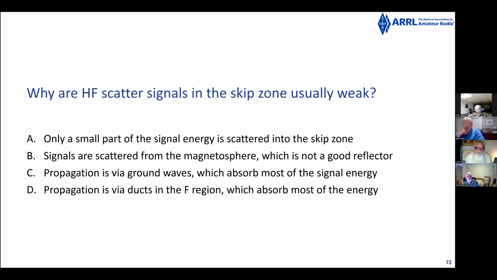This one should be pretty easy. Is it A? Yes, the answer is A. Only a small part of the energy of the signal is scattered by the ionosphere. Most of it is refracted back to Earth through a longer path.